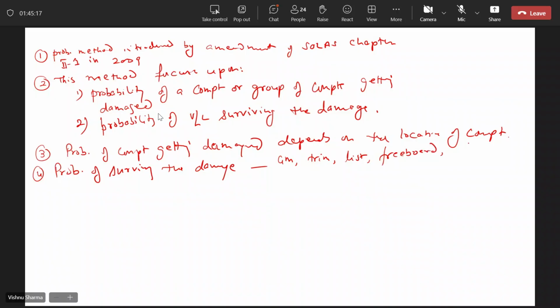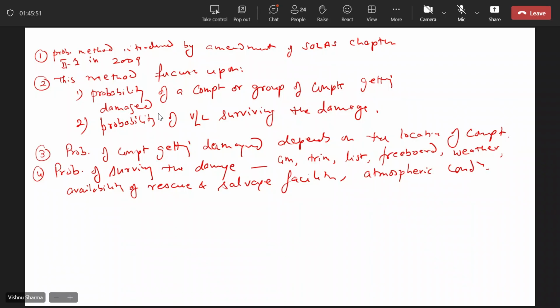It will depend on the weather condition, whether sea is rough or smooth. It will depend on availability of rescue and salvage facilities. It will depend on the atmospheric conditions.